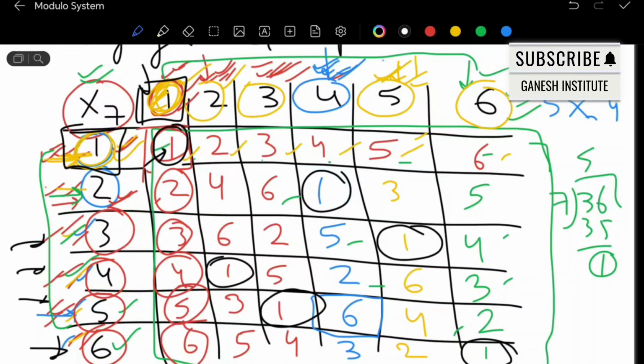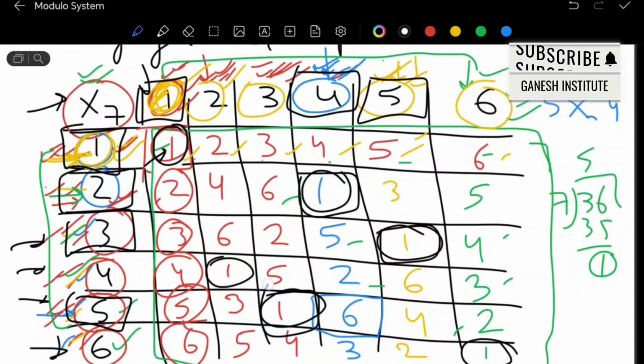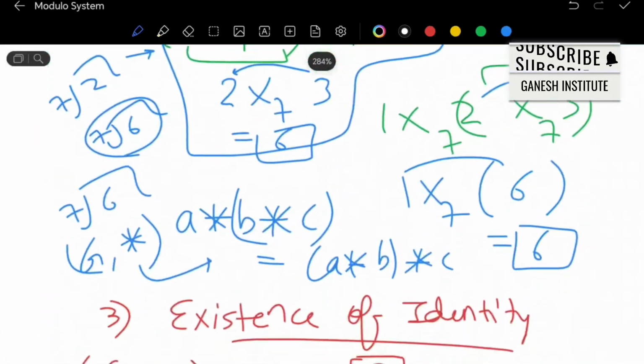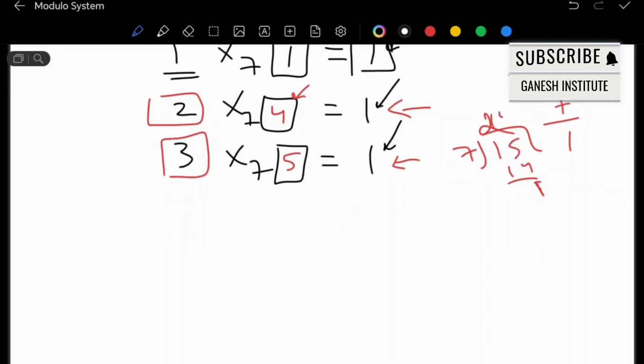For 2, the inverse is 4 because it gives the identity element when operated under multiplication modulo 7. For 3, the inverse is 5 or vice versa. For 5, it is 3. For 4, it is 2. For 6, it is 6. Okay? So every number has got its inverse. Correct? So yes, inverse exists.